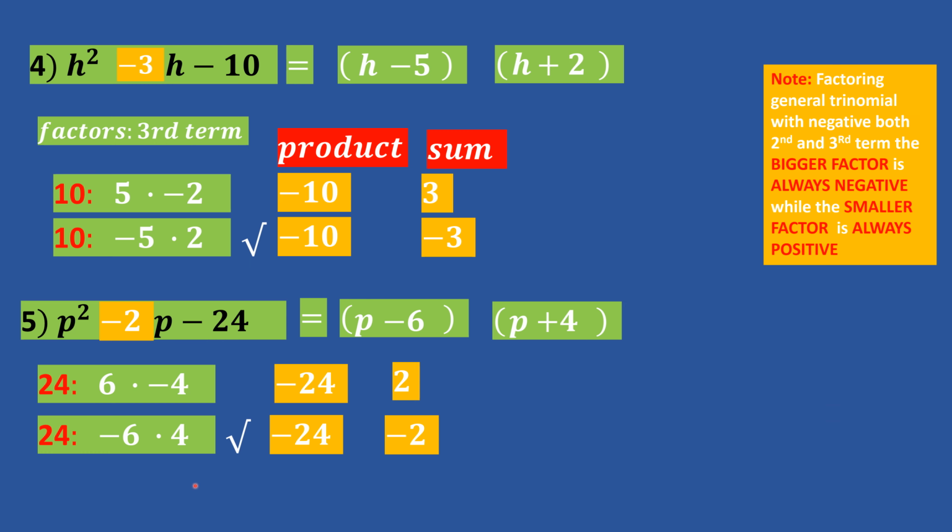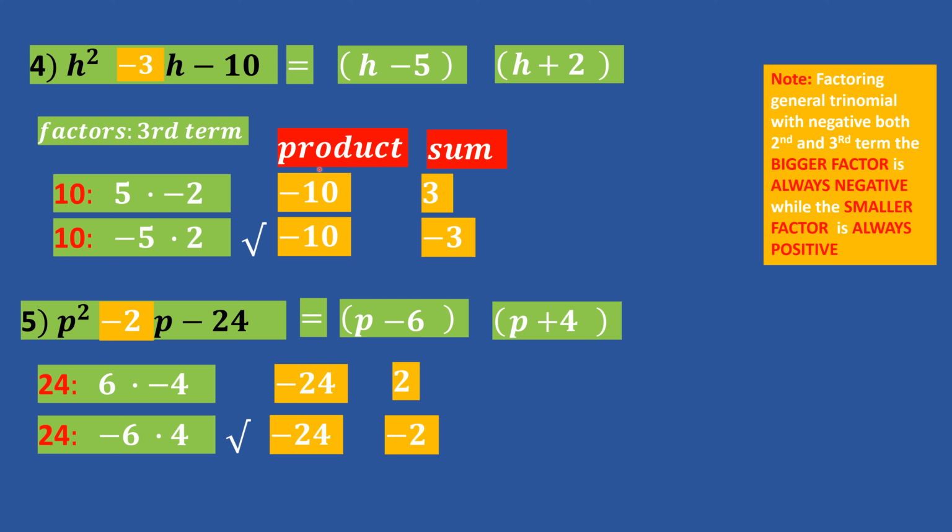You have to remember this: factoring a general trinomial with both second and third terms negative. As you have seen, both are negative. Please observe the set of factors. It is said that if the trinomial has a negative second and third term, the bigger factor is always negative.